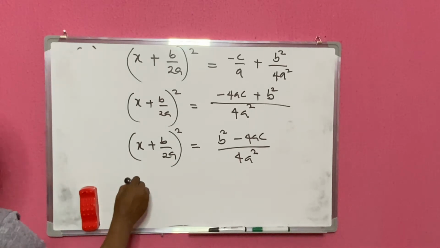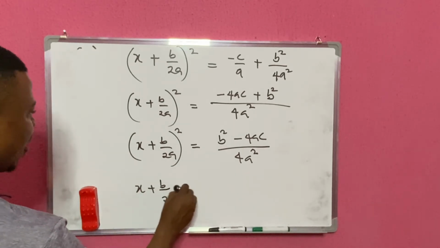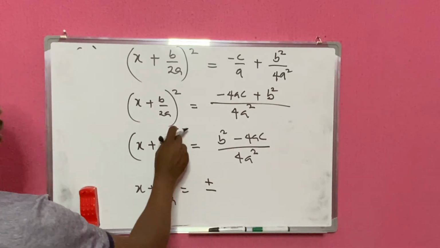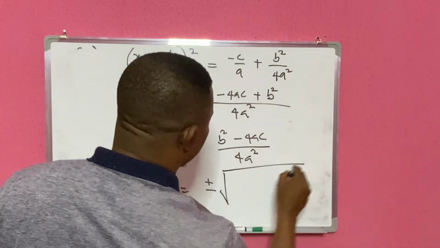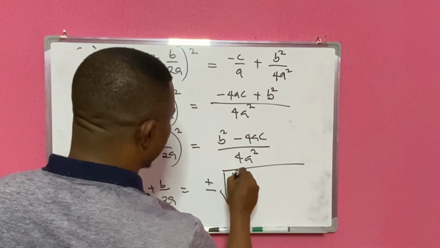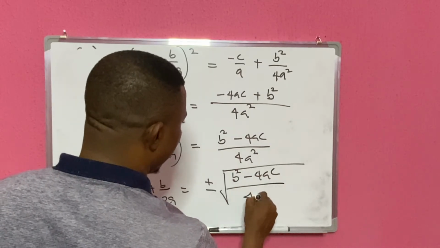In that case, x plus b over 2a will give me plus or minus, when I move the square to my right hand side, the square root of b squared minus 4ac all over 4a squared.